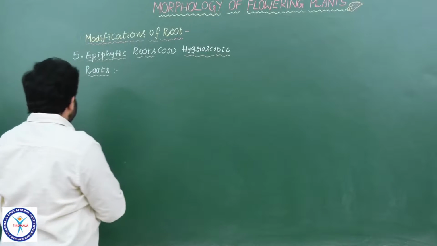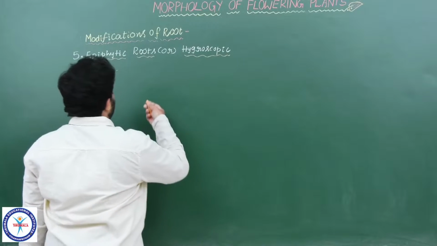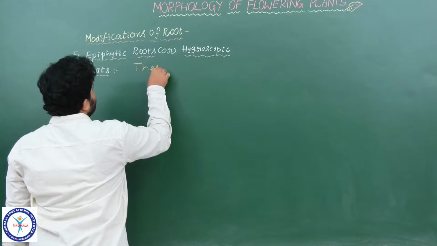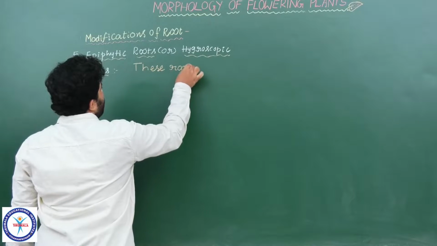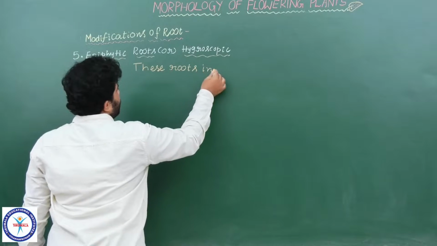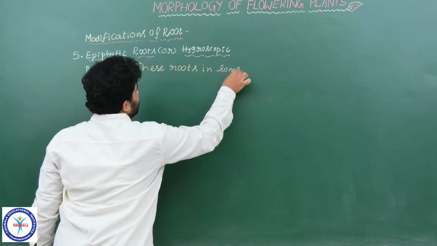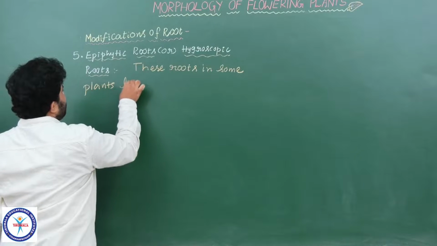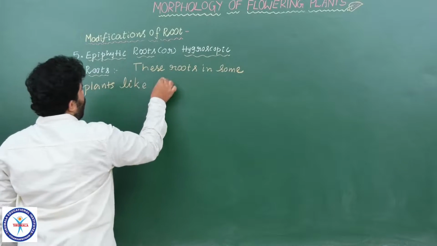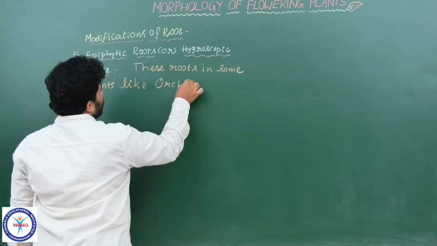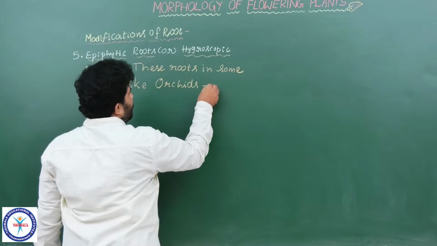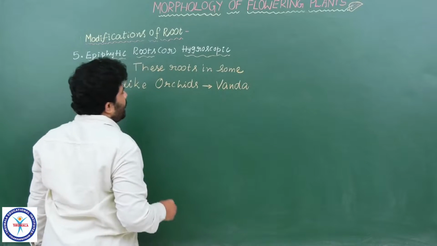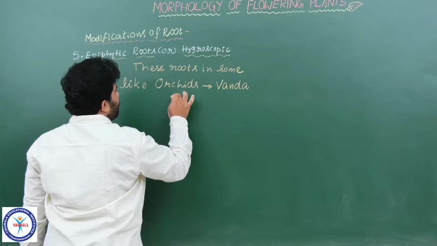Now you please write something else about these epiphytic roots. These roots occur in some plants like orchids. The best exemplary plants come from the orchids, like Vanda, and some other species not from orchids.